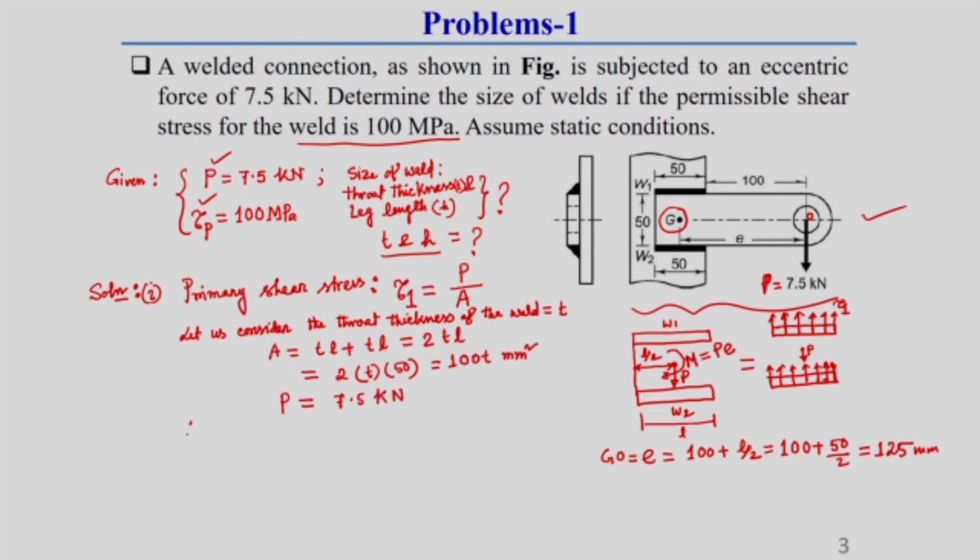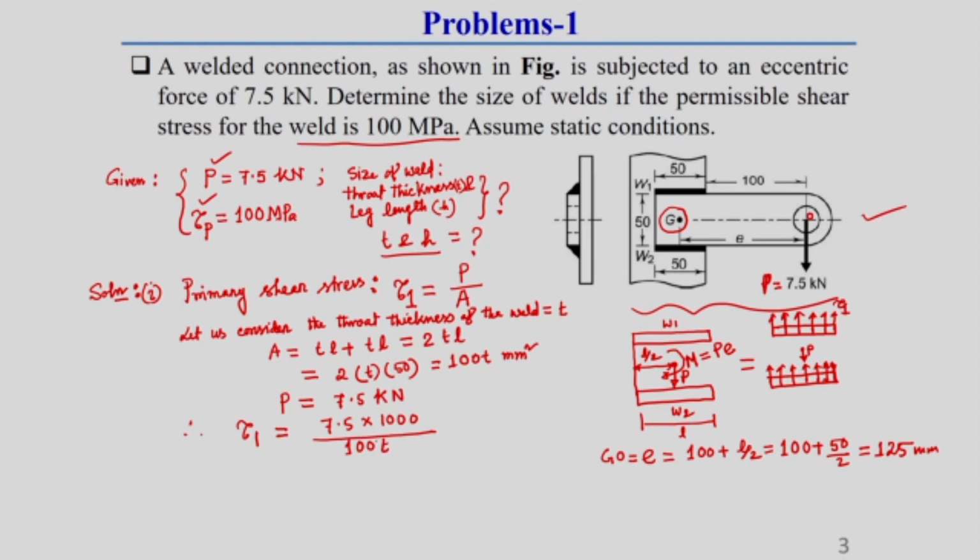So, the primary shear stress tau 1 will be 7.5, converting to Newton, 7.5 into 1000, divided by the cross sectional area 100 t.